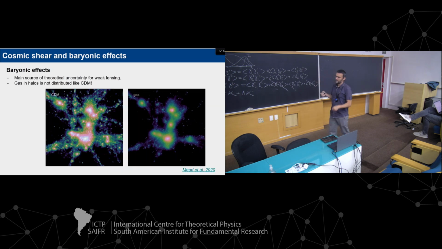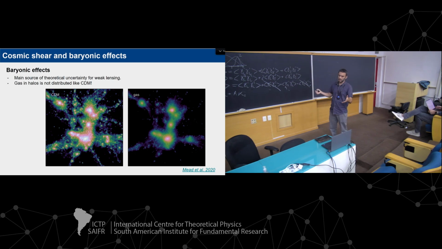This is probably the most pernicious baryonic effect that we have, what's called AGN feedback, right? In the centers of galaxies, you have these supermassive black holes that accrete a lot of matter and energy from the galaxy, and then they spew huge amounts of gas, and also huge amounts of energy that can actually displace all the surrounding gas to very large distances, right?